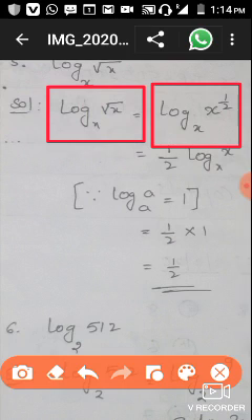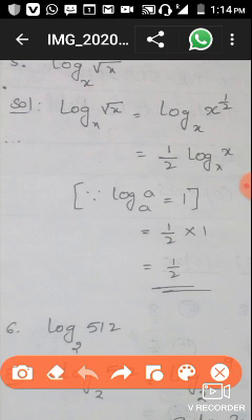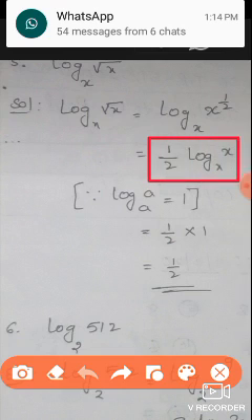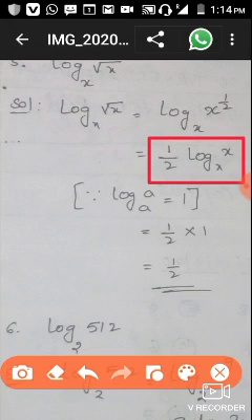The root x becomes x to the power of 1 by 2. Next, that 1 by 2 comes to the front, so 1 by 2 log x base x, with 1 by 2 in the beginning.